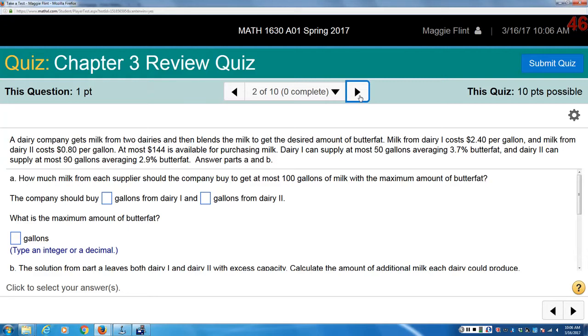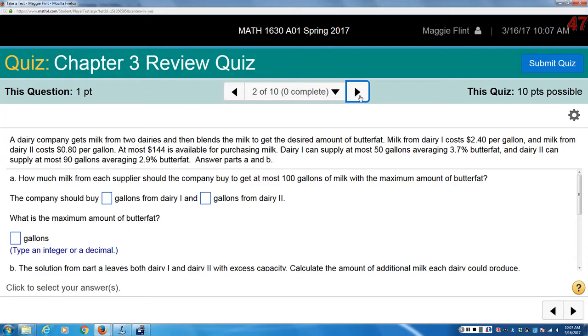I'm going to make some notes here. So I would write that down. And then it says milk from dairy 2 costs 80 cents a gallon.